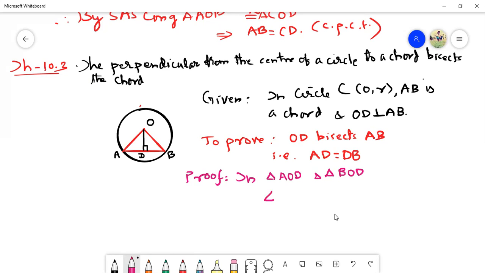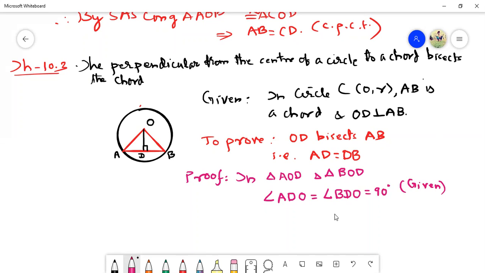So angle ADO is equal to angle BDO is equal to 90 degree, right angle. Why is it right angle? Given that it is perpendicular, so both sides it will make right angle.